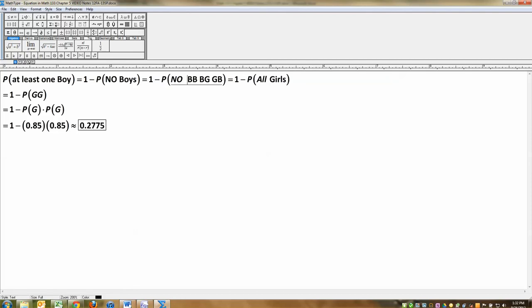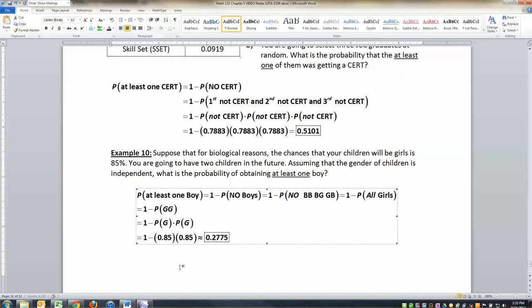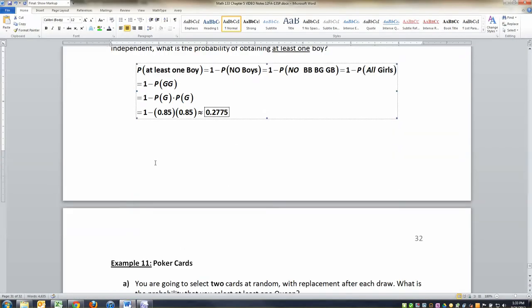The only other option is girl. So I'm going to find the probability of girl and take it away from 1. That's the probability of girl times the probability of girl, which is 0.85 times 0.85, and you take that away from 1, giving 0.2775. And again, you could use Excel or a calculator to find those numbers.